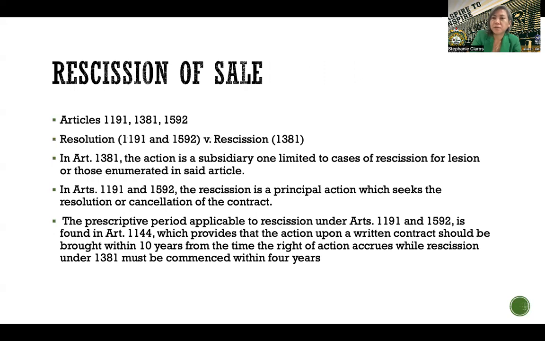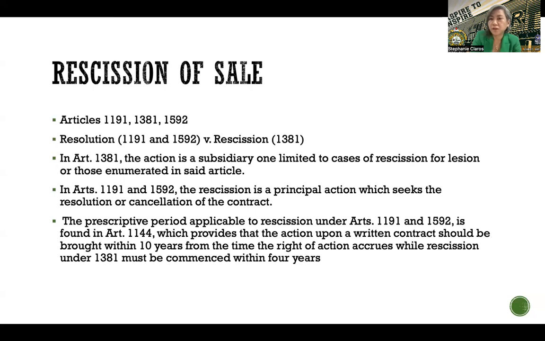So remember, guys, rescission of sale. We have Articles 1191, 1381, and 1592. Remember the difference between resolution and rescission. In Article 1381, the action is only subsidiary and limited to the ground of lesion or economic prejudice, or those cases enumerated in Article 1381.